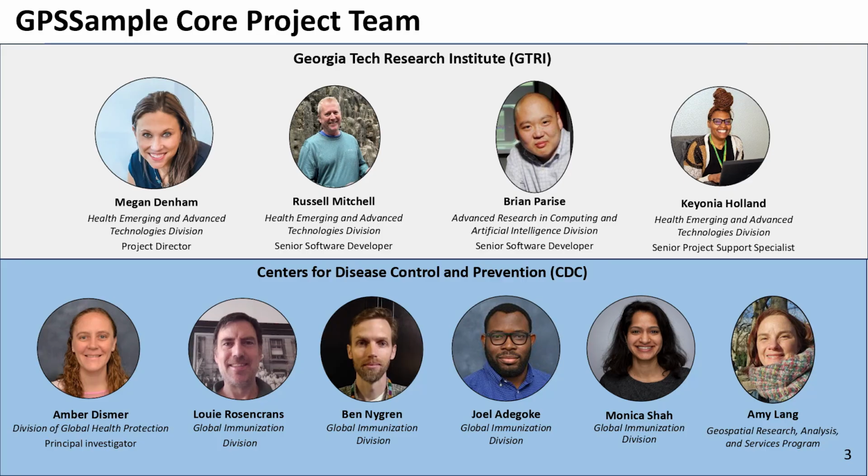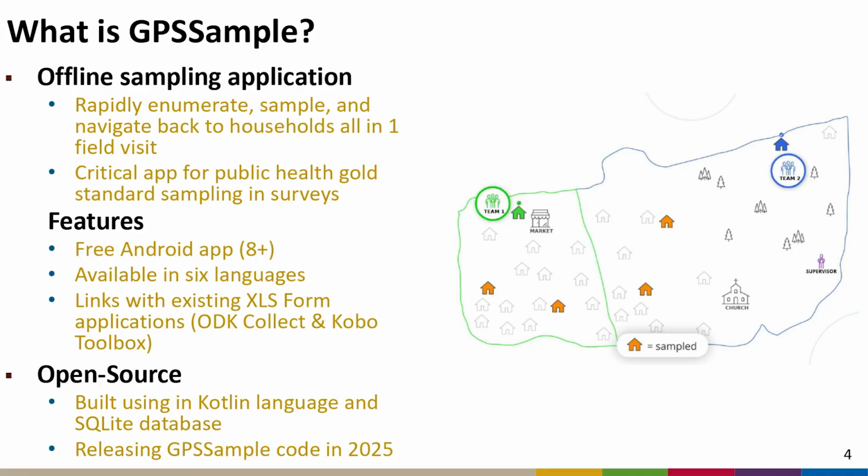Okay, so let's get into it. GPSSample is an Android-based mobile application that is used for enumeration, sampling, and navigation. This really tries to streamline the process that you would see when trying to conduct a rapid assessment.